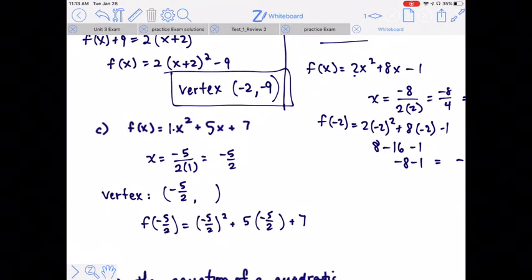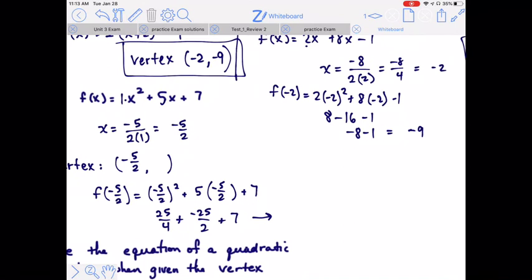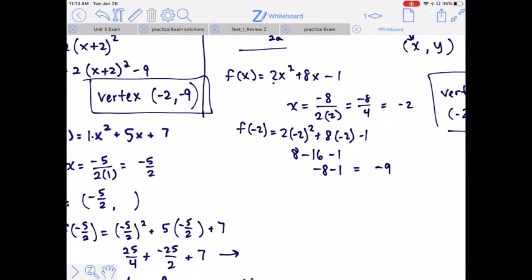So -5/2 squared is +25/4. 5 times -5/2 is -25/2. Now you can, at this point, most definitely get out a calculator.